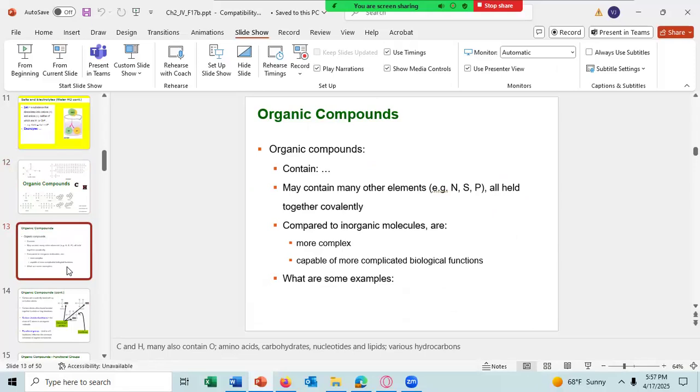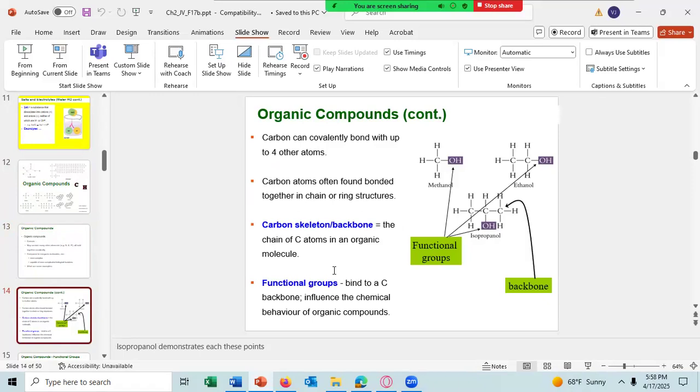Compared to an inorganic molecule, organic molecules are more complex and capable of more complicated biological functions. Some examples of organic compounds include carbohydrates, nucleotides, lipids, and various hydrocarbons.